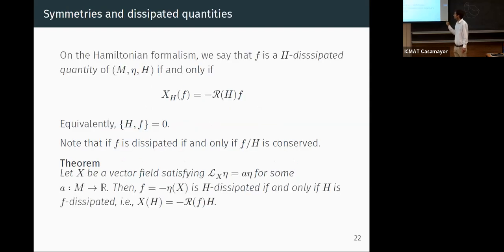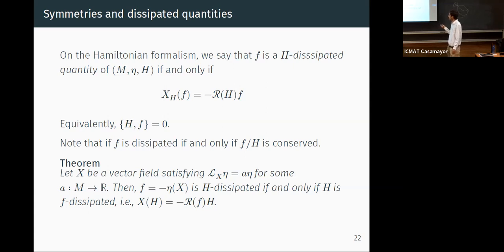We can generalize it and extend it to the Hamiltonian formalism, and we can say that a function is a dissipated quantity of this system if and only if it has precisely this relationship. It dissipates at a rate which is minus the Herglotz vector field applied to the Hamiltonian. This can be formulated also in the bracket formalism by saying that it commutes with the Hamiltonian with respect to the Jacobi bracket.